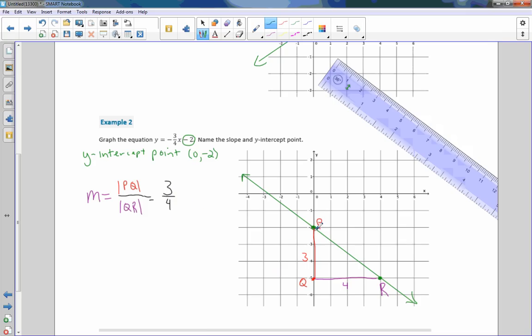And since it's decreasing from left to right, we had to go down 3, right 4, then the -3. We're going in a negative direction, a distance of +3, if you will. So I would have a negative sign outside here, because if I put it inside, the absolute value of a negative is positive. So we're going in a negative direction, the distance of PQ. That's how I would represent that. Okay, so my m is -3/4, which is my coefficient.